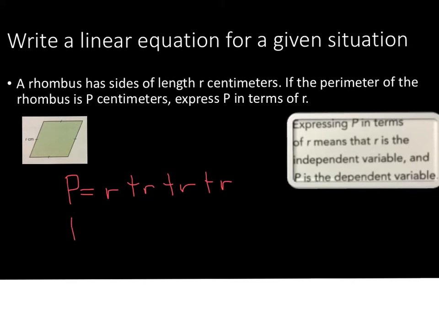We could say P is equal to 4R. Again, R in this case is our independent variable, and P is our dependent variable, because the value of P depends on what R is. So if R is equal to, say, 2, then P is going to be equal to 8.